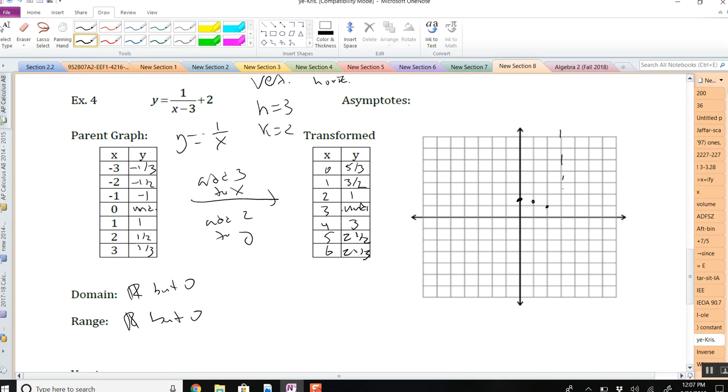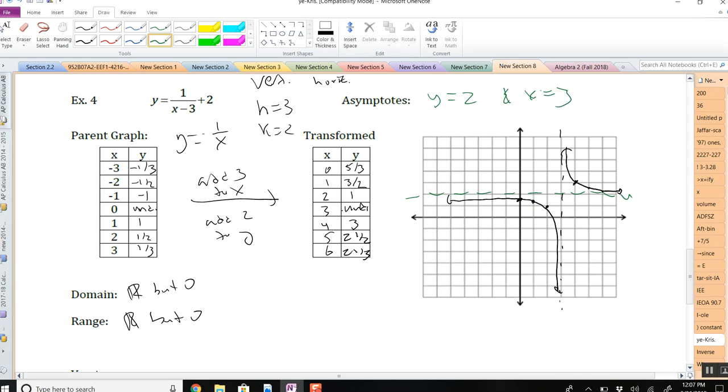There's a vertical asymptote right here. 4, 3, 5, 2.5. So the graph's going to look something kind of like this. I'll do a different color here, do green. So our asymptotes are going to be at y equals 2 and x equals 3.